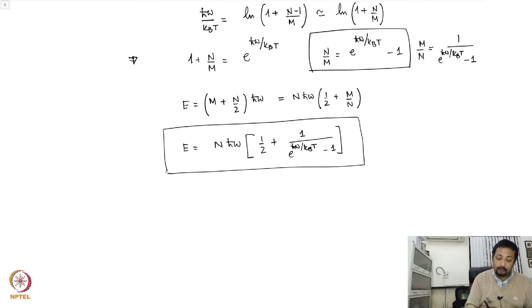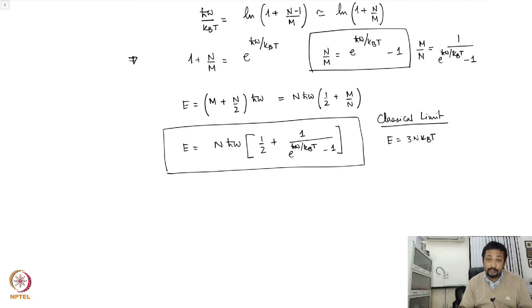Now, the question is, I want to cross-check and validate my result. So the best way to check it, first thing that you check is the classical limit. In the classical limit, we have seen that this system is going to have an energy 3N kBT.